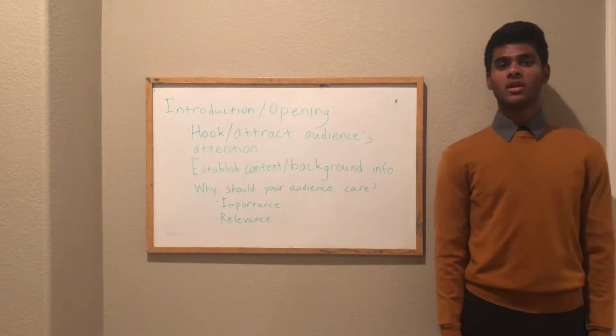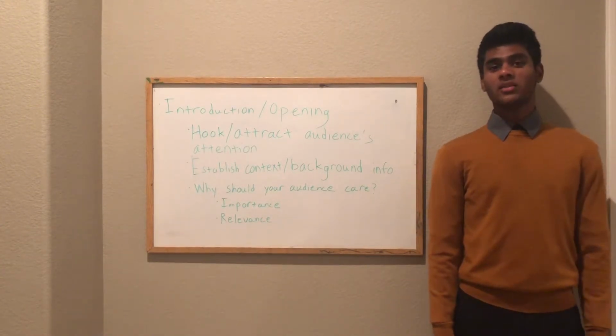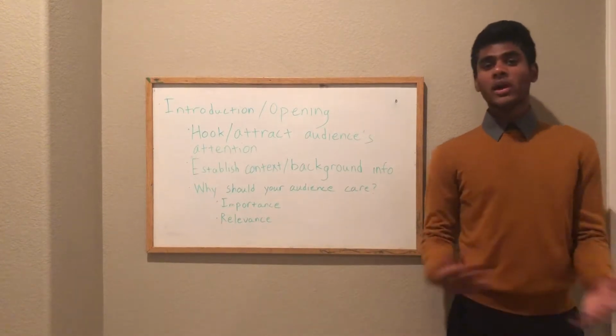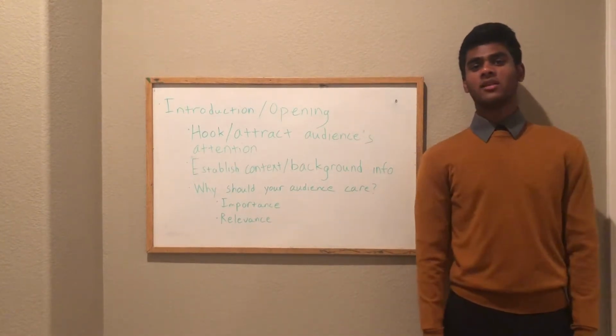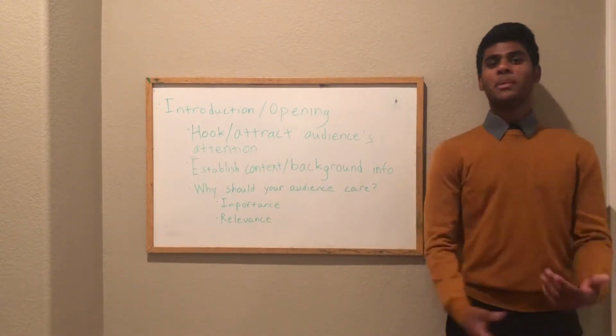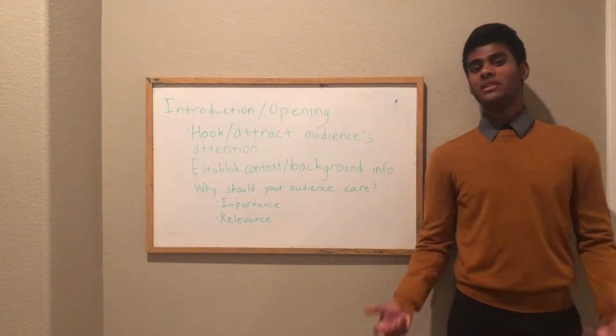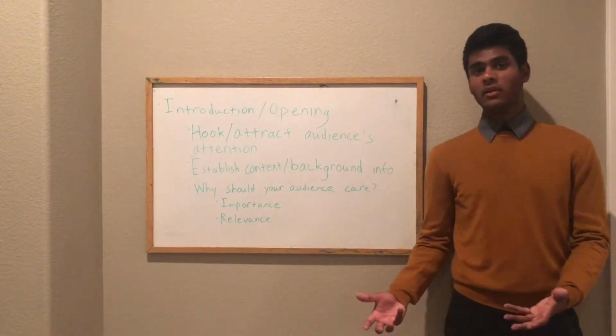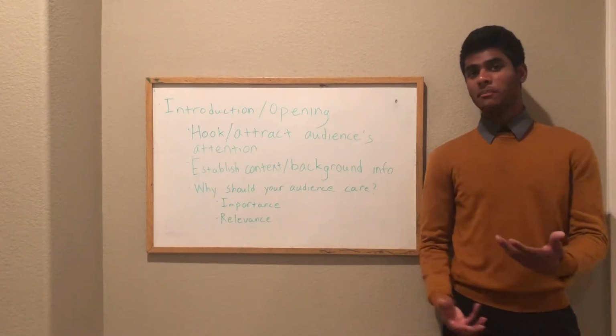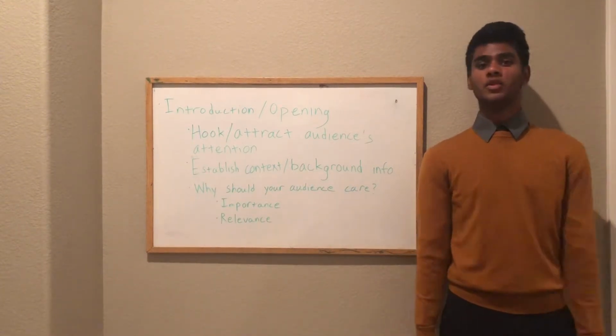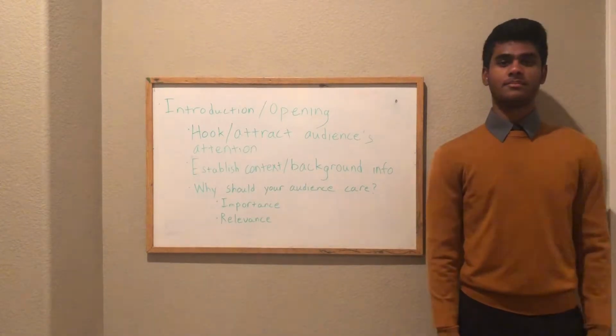You do that by providing quick background information and context about the basic content of your speech. Only after doing that can you really go into the main body of your speech.